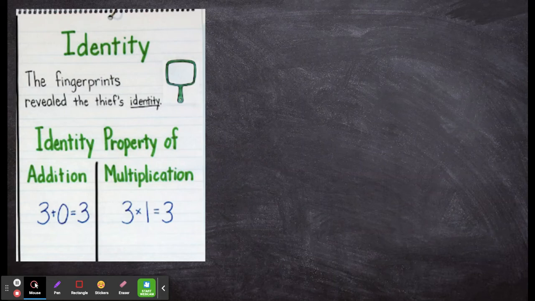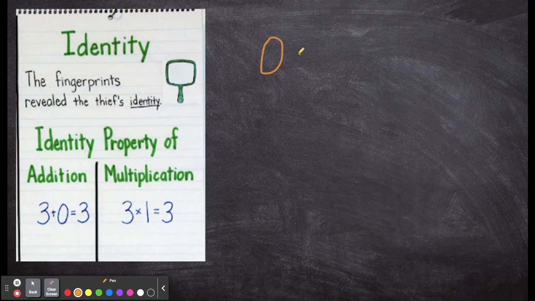All right, so the identity property. Identity property is real simple, guys. I just wanted you to see this. Identity property is simply for addition, it's adding 0, and for multiplication, it's 1. So anytime you see a number that's added to 0, like 0 plus 100.25, the answer is going to be that number.